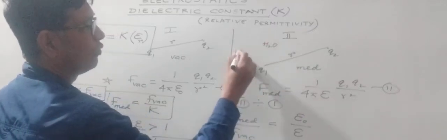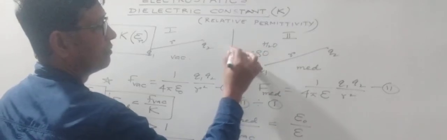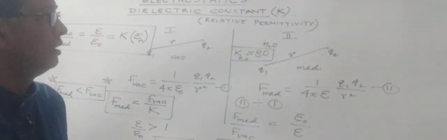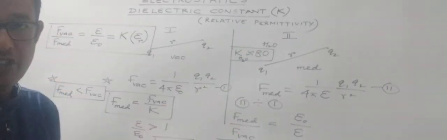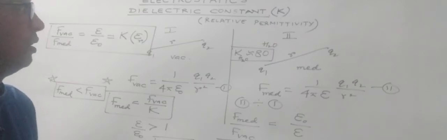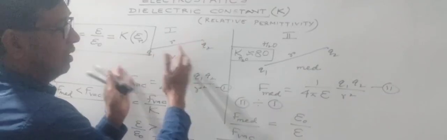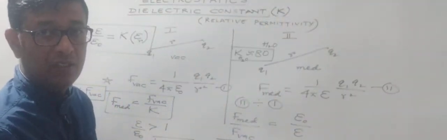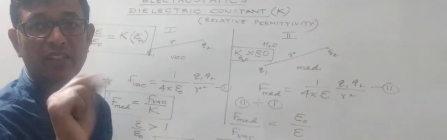I'll give you a simple example. The value of the dielectric constant of water is approximately 80, or 81; you can consider 80 approximately. The dielectric constant or relative permittivity of water is about 80. So when these 2 charges are placed in water, maintaining the same separation between them, the magnitude of the electric force between these 2 charges will get reduced by 1 by 80 times.